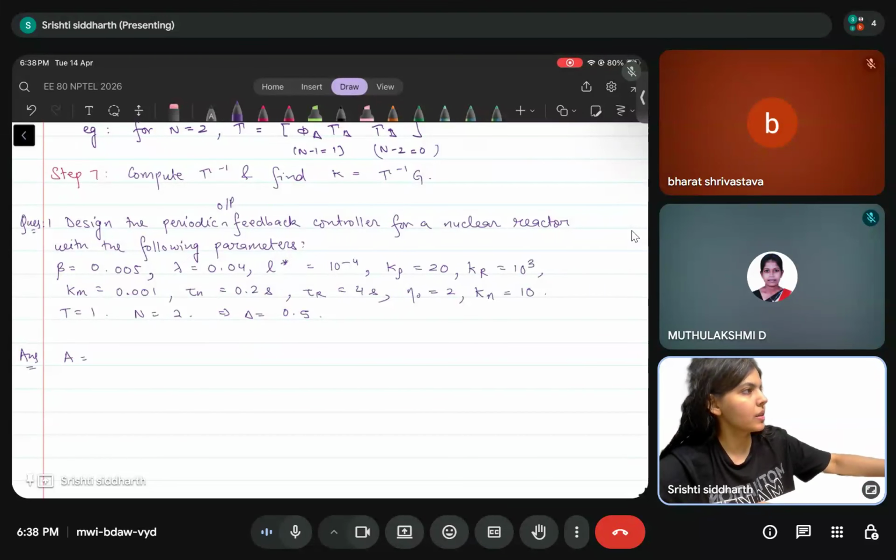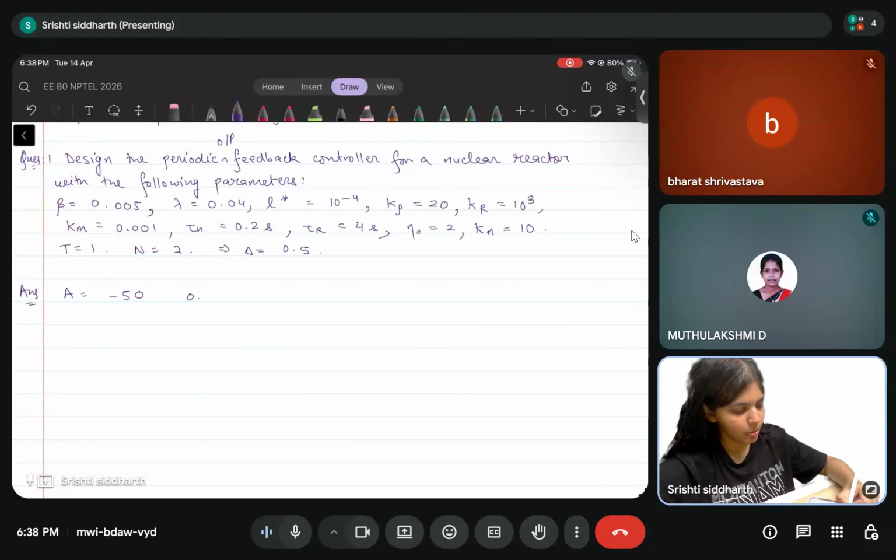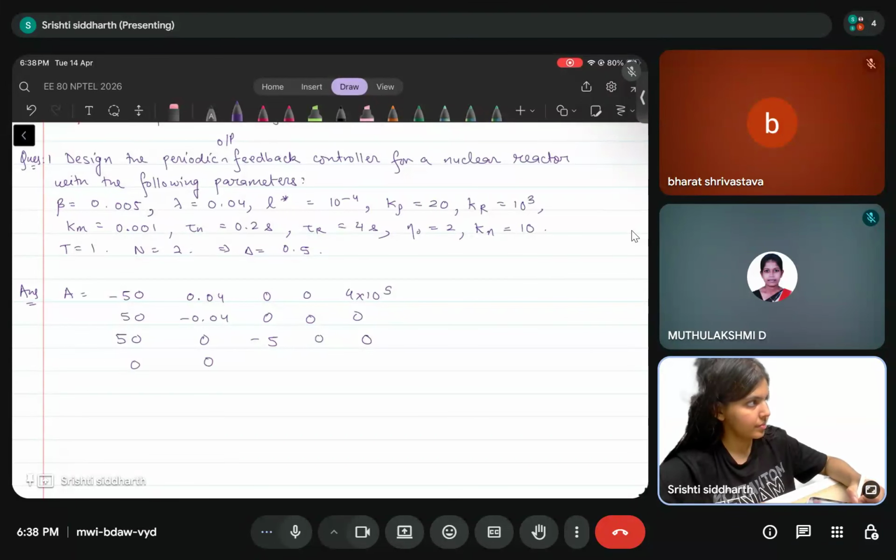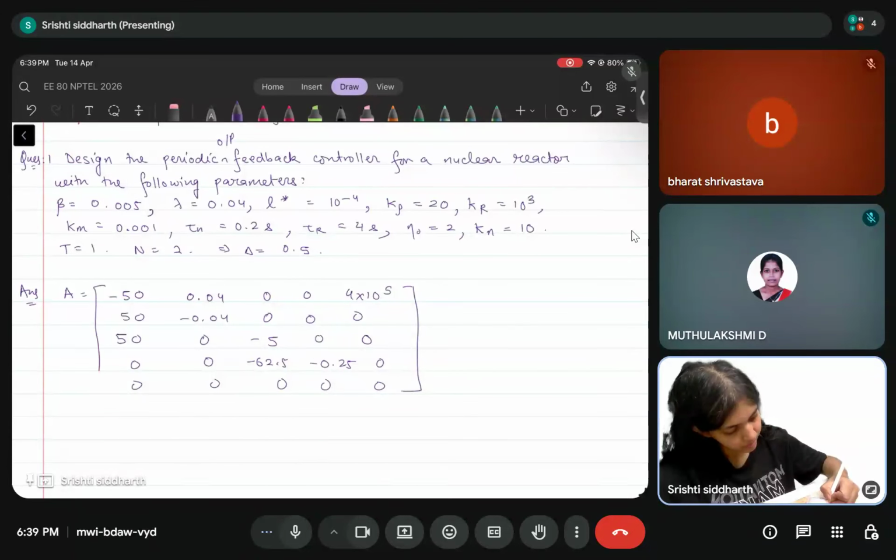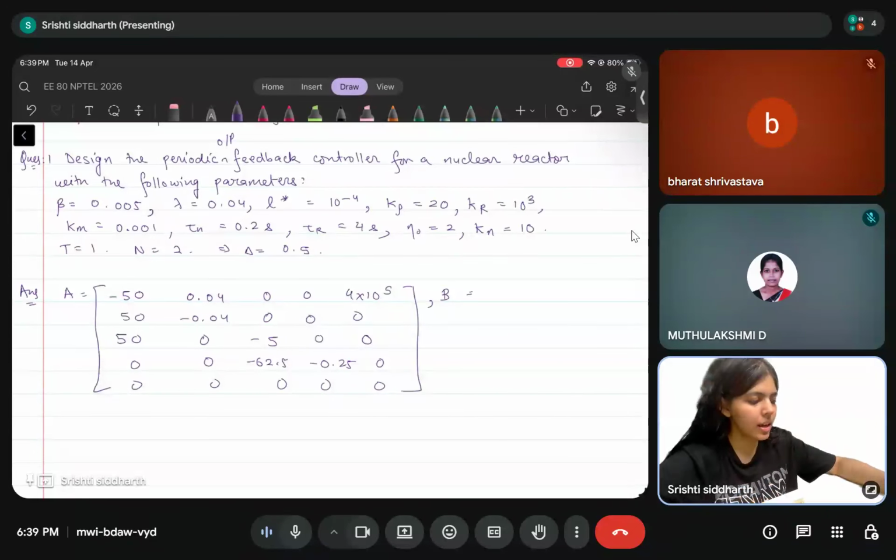So the matrix A is minus 50, 0.04, and this is 50, minus 0.04, and then the last row is all zeros and the last entry is Kn.